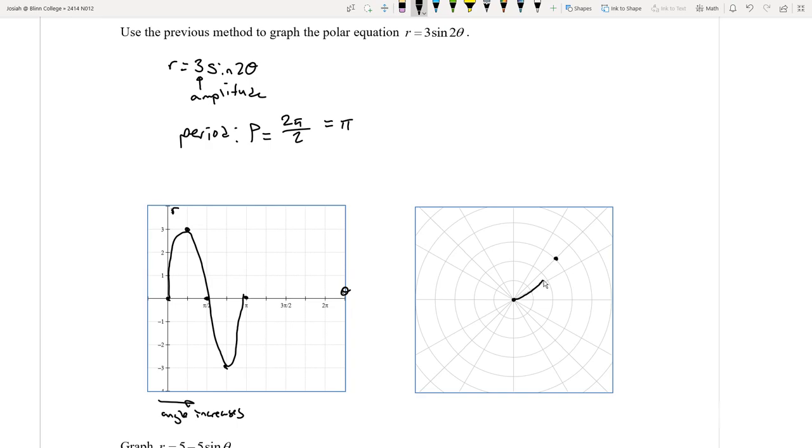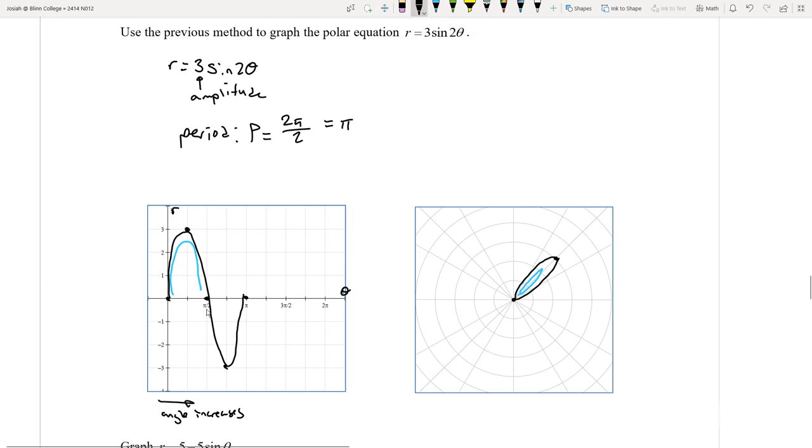So maybe something kind of like that. Then our r starts to decrease. Our angle is still increasing. So by the time we get to pi halves, we get back to that same pole. And so in this space here, we end up with this loop.